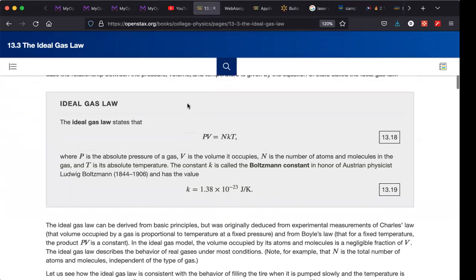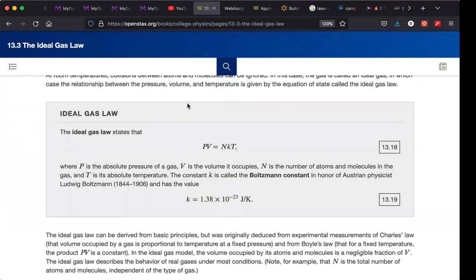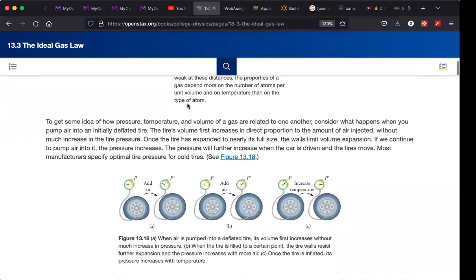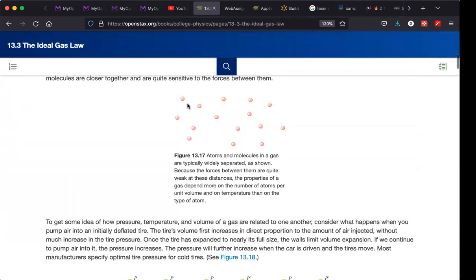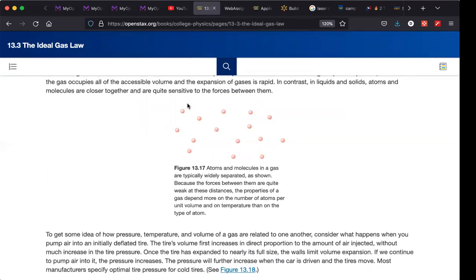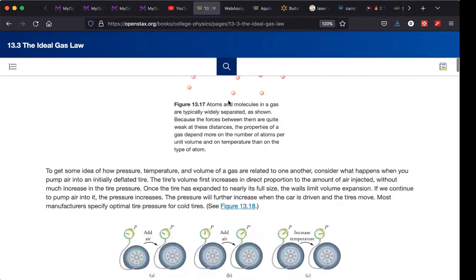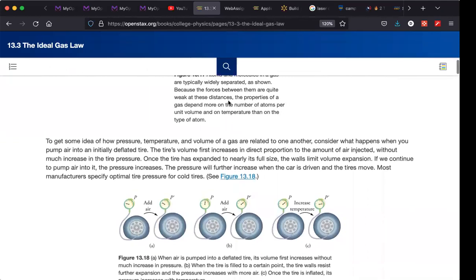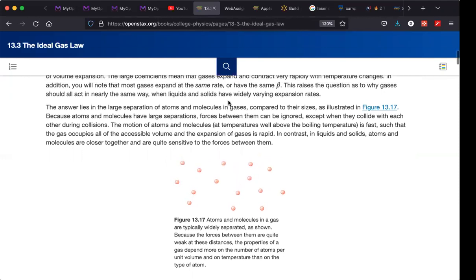Why is it called the ideal gas law? Because the ideal gas law assumes that the gas obeys a couple of rules we call the ideal gas rules, or the rules of an ideal gas. In an ideal gas, the particles will not interact with each other at all. So there's no forces between the molecules, really, no bouncing off each other or anything like that.